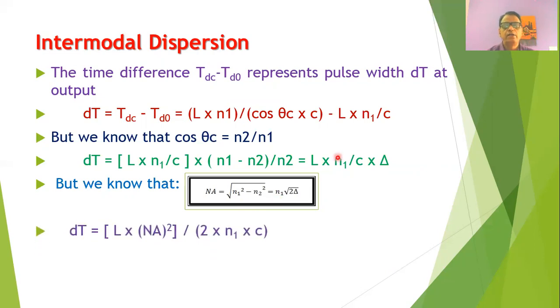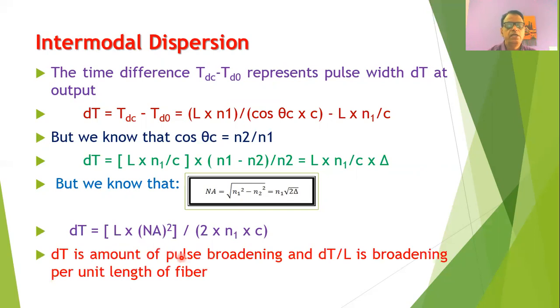Therefore we can rewrite this equation as dt is equal to L into NA square divided by twice N1 into C. This dt is the amount of pulse broadening, and dt upon L is the broadening per unit length of the fiber. So this is the formula through which we can obtain the intermodal dispersion through the optical fiber.